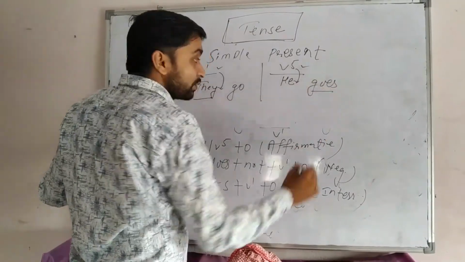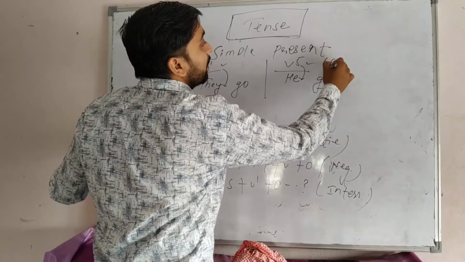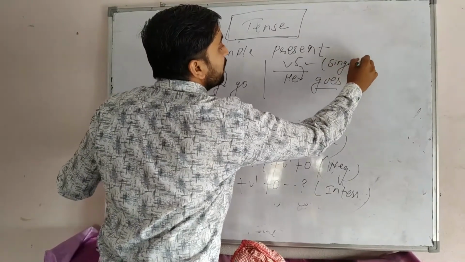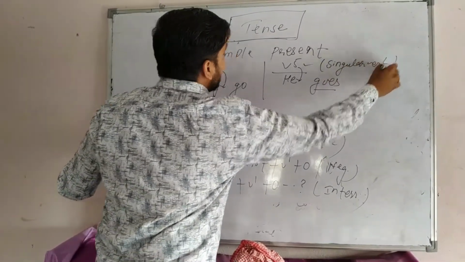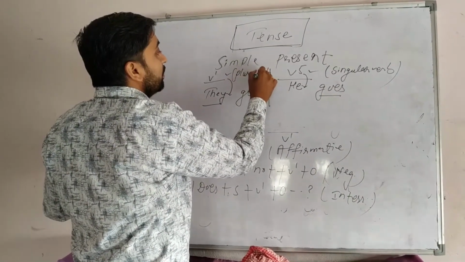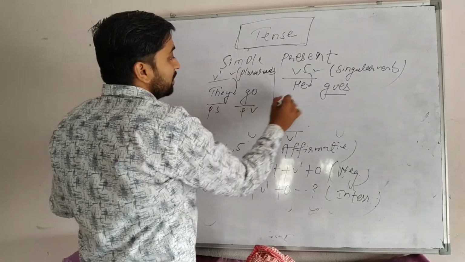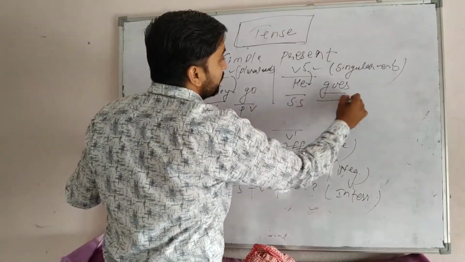He goes. So I mean to say, B5 is a singular verb, but B1 is a plural verb. This is also plural subject, plural verb; singular subject, singular verb.